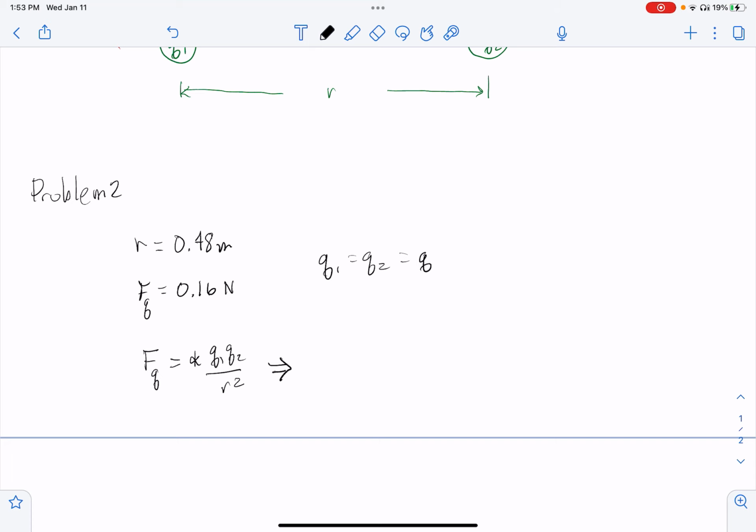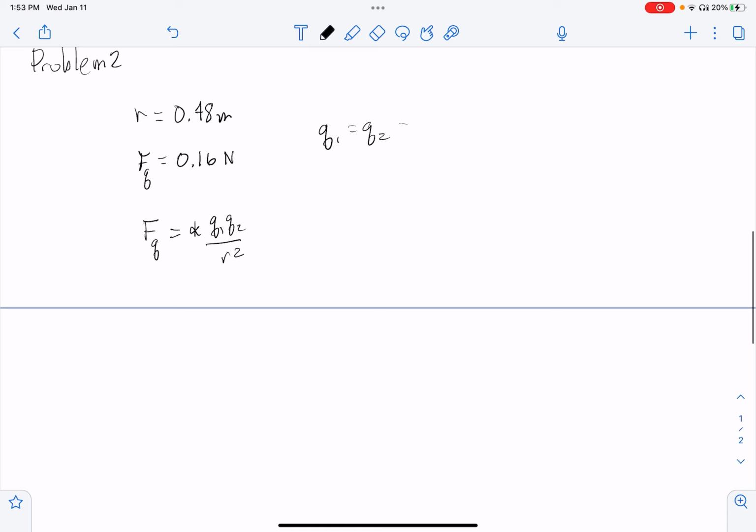So let me rewrite this equation as F sub Q equals kappa times Q squared over R squared.